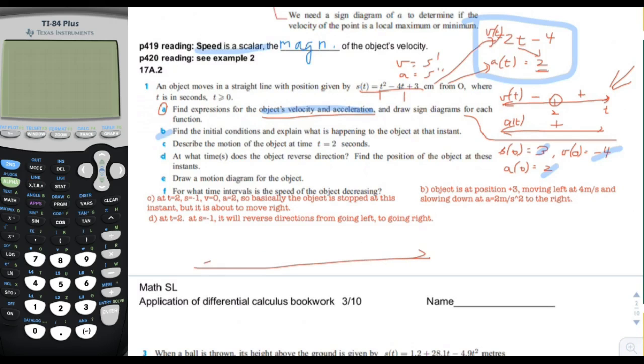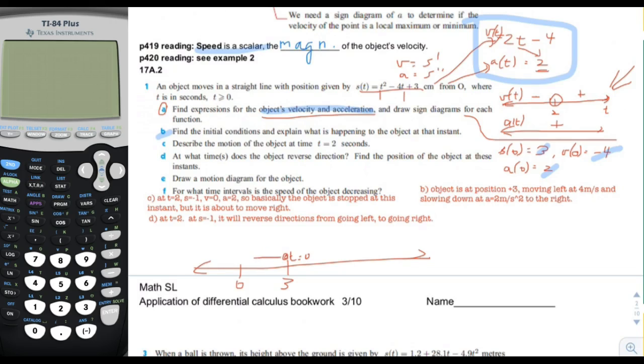So we're going to start at s equals 3, and that's our starting point. And then, which way are we going at that point? Well, at t equals 0, it's at position +3, and the velocity is negative. So it's going this direction, right?